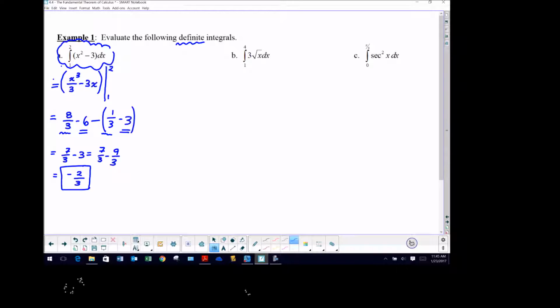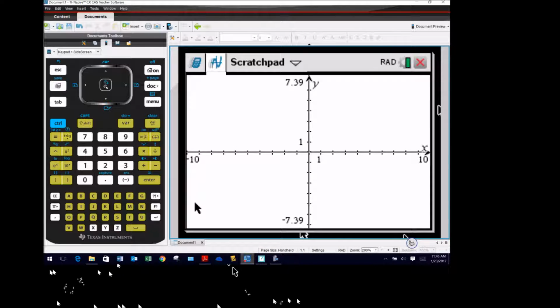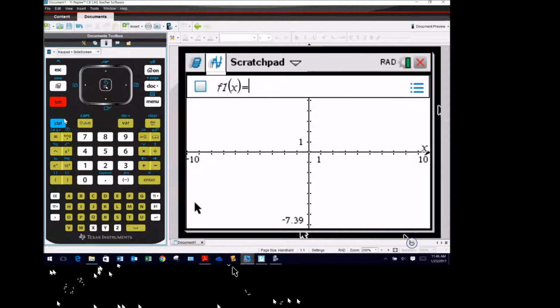We have an exact answer, and just to make sure that this is still meaning the same thing that it meant before, I'm going to show you a little calculator way to check this. You guys don't have to follow along with me, but if I just enter this particular expression, I believe it was x squared minus 3.